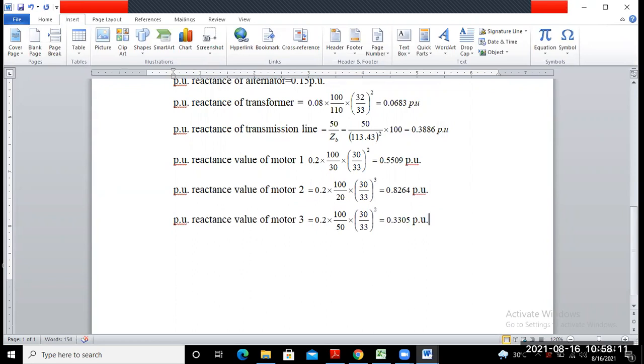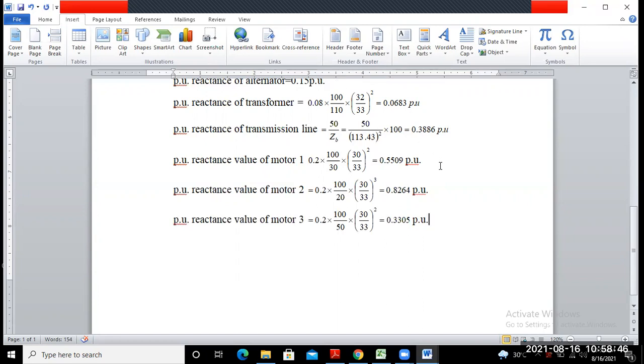So now we may solve the total equivalent reactance from the generator to the fault point. Okay. These three are in parallel. So you convert all these three parallel connected reactances to an equivalent, and add it with the transmission line, the transformer and the generator. Then you will get the value from the generator to the fault.